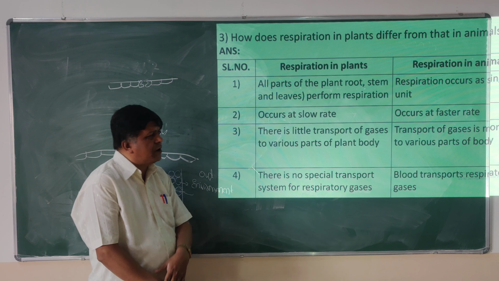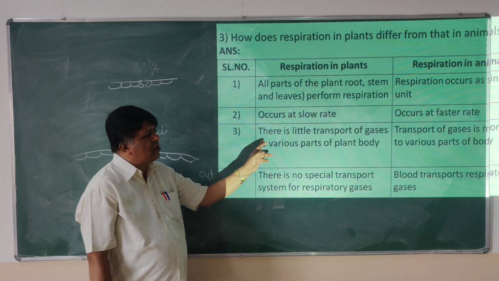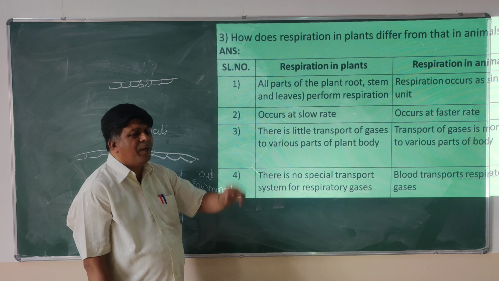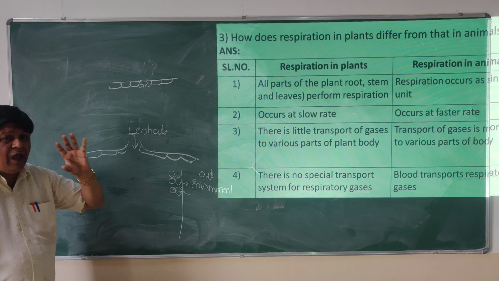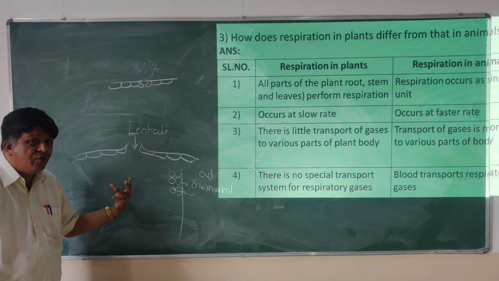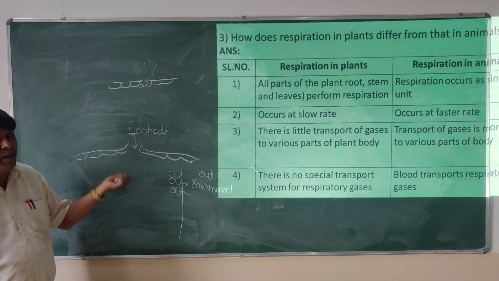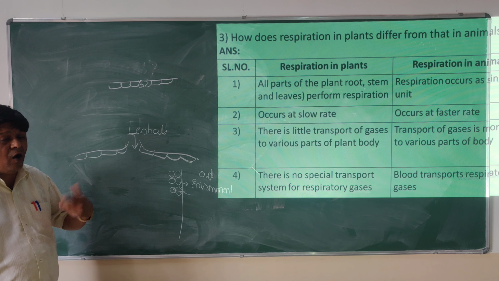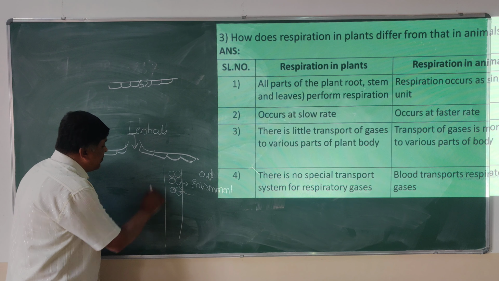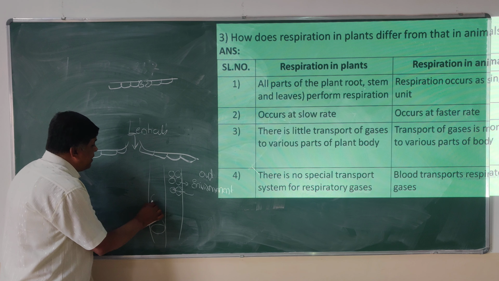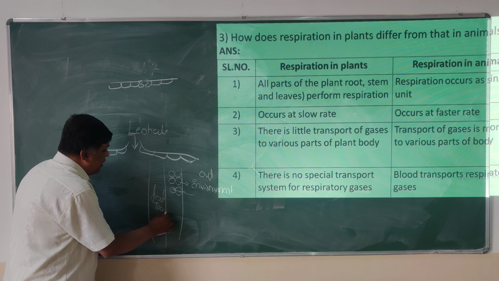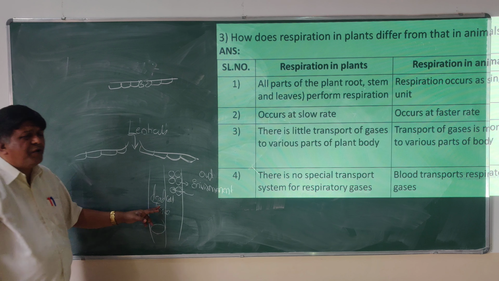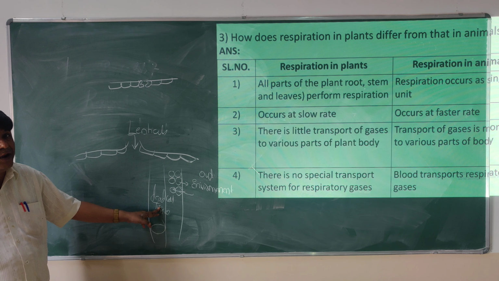The third important difference is that there is little transport of gases to various parts of the plant body. That is, in plant respiration, the amount of oxygen transported and the amount of carbon dioxide released is less. Why? Because the greater part of the inner plant body contains dead tissues, dead cells, so they don't require oxygen or carbon dioxide.